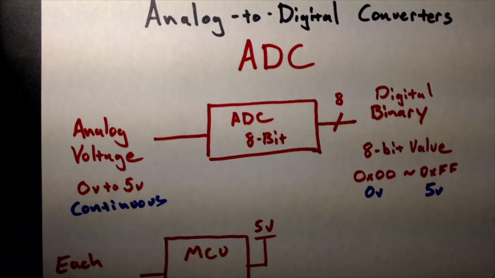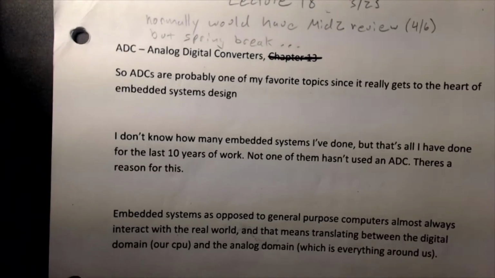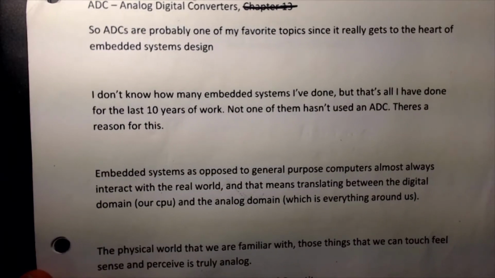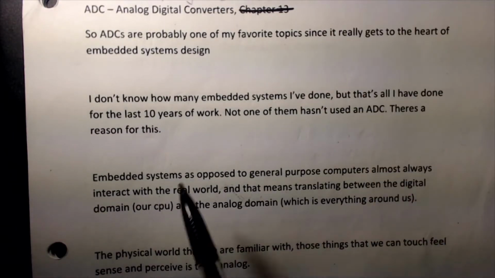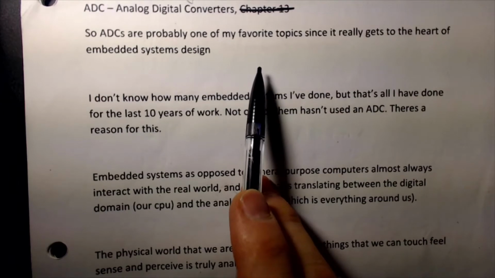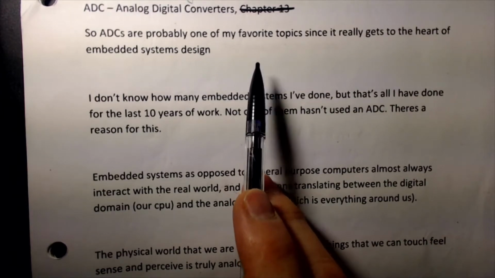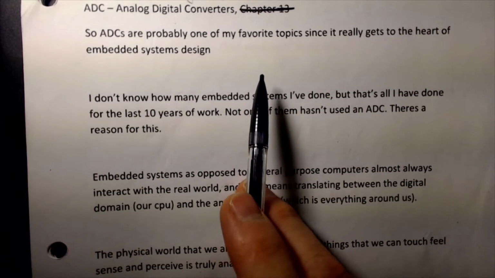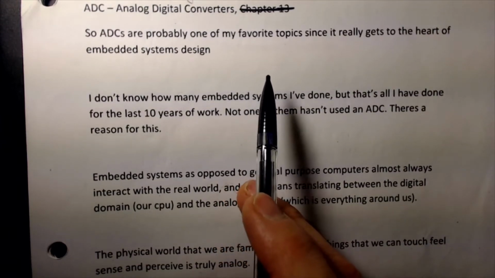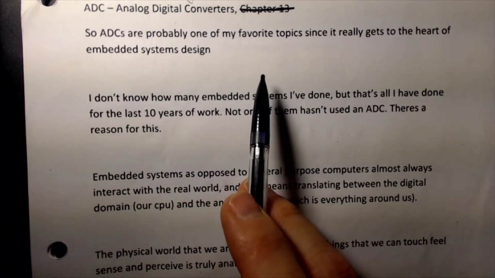Now, let me give a little prelude on analog to digital converters. They are one of my favorite topics, one of my favorite devices. You'll see why in a second. It really gets to the heart of embedded systems and embedded systems design.